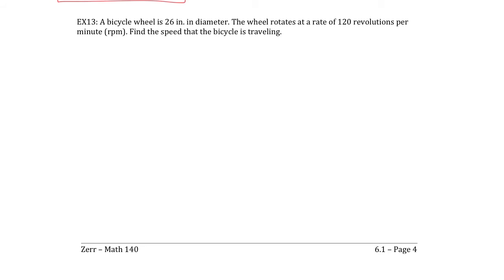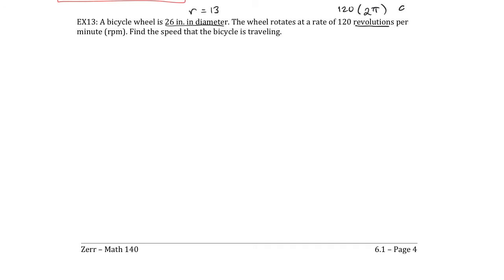A bicycle wheel is 26 inches in diameter. That's a diameter, so my radius is half of that. Radius is 13. The wheel rotates at a rate, that means speed or velocity, of 120 revolutions. And remember, a revolution is 2 pi, and we're doing 120 of those.